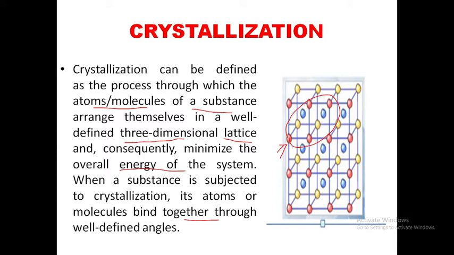When a substance is subjected to crystallization, its atoms or molecules bind together through a well-defined angle. Refer to this diagram. This is the three-dimensional lattice or structure, and this is the well-defined angle. This is called crystallization.